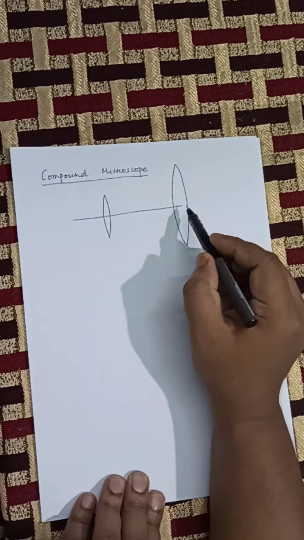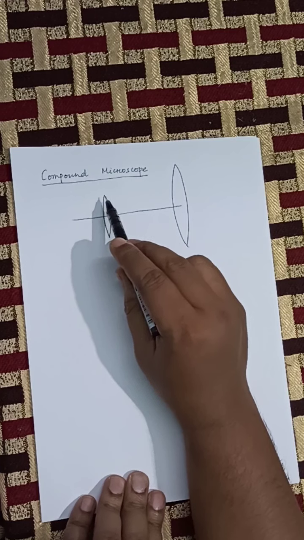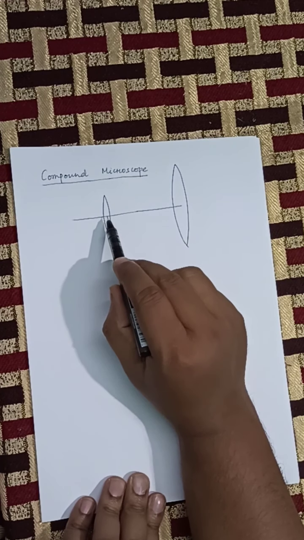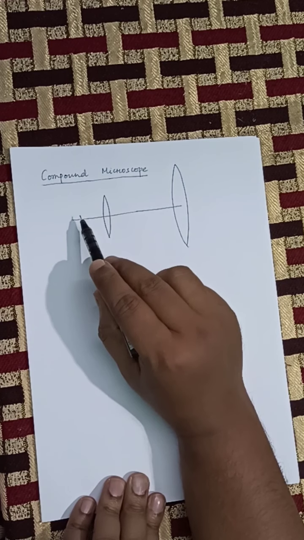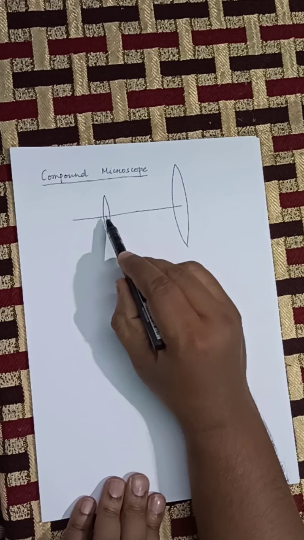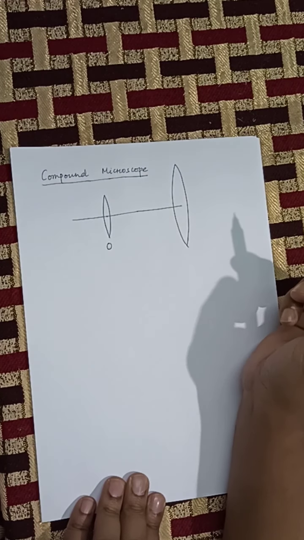Okay, now the first lens, which is having smaller focal length and smaller aperture, is placed near the object, which is known as the objective lens.